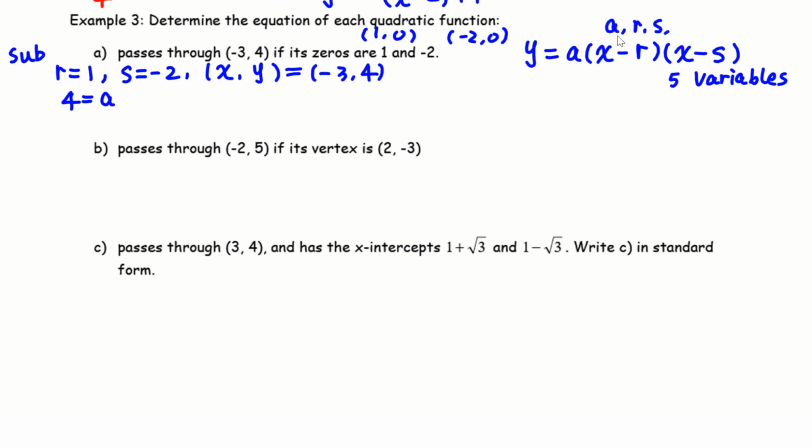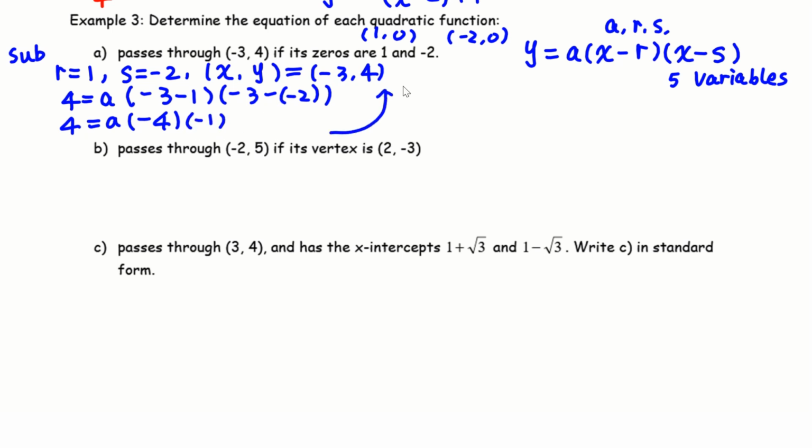r and s are given, only A is unknown. So x is -3, r is 1, and x is -3, s is -2, so minus -2. So 4 equals, doing the bracket calculation first, -3 minus 1 is -4, and -3 plus 2 is -1.